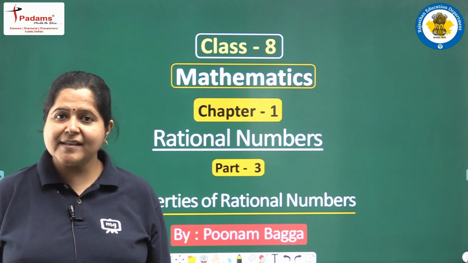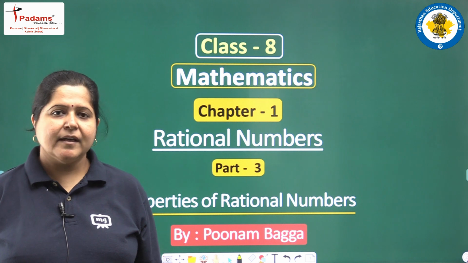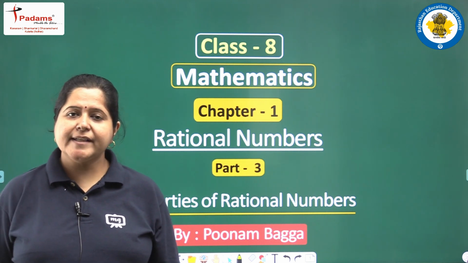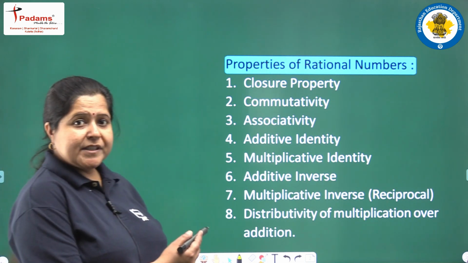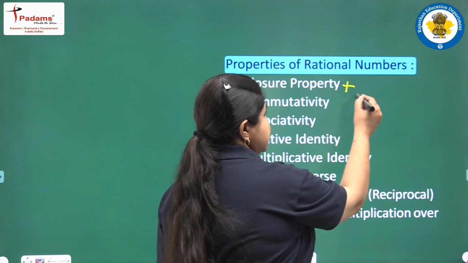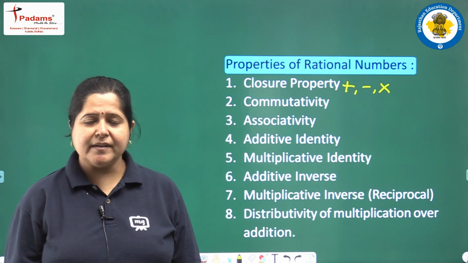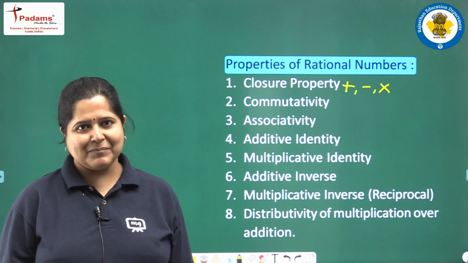In our previous class, we had learned two properties of rational numbers, closure property and commutativity. Today we will be taking some more properties of rational numbers. In closure property we had learned that if we add, subtract or multiply any two rational numbers, then the answer that we will get will also be a rational number.